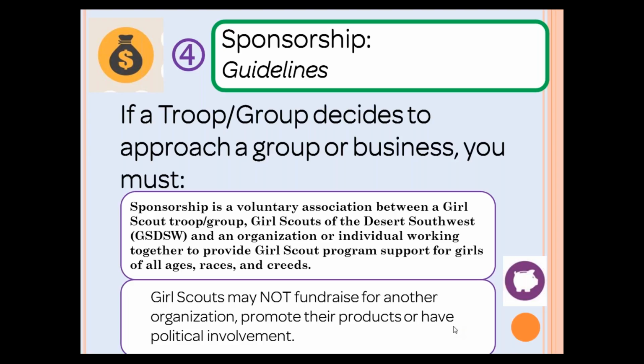And this would be an ongoing voluntary association, because then you would set up, well, we're going to use your space for, say, a year or for 6 months until we're done with our series or pathways that we're working on or the journey that we're working on. This could also be where an entity knows that you want to do a certain take action project or something of that nature, and they want to support it, they want to sponsor it.